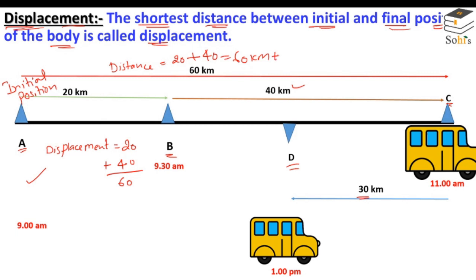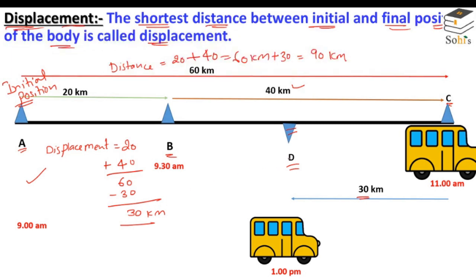So distance becomes 60 plus 30, that is 90 kilometers. But in case of displacement, it comes back, so this is the initial position, this is the final position. So the distance between the initial and final position is just 30 kilometers. So that is the displacement, 30 kilometers.